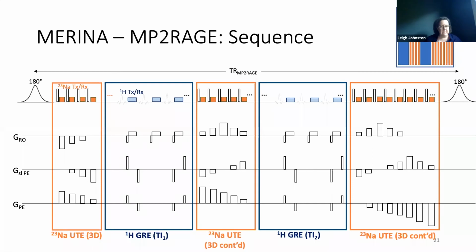There are very specific SAR limitations, specific absorption rate limitations, on how much energy you can deposit into the biological tissue. Certainly with this, we are pushing the envelope, because every time we flip the magnetization, we're applying an oscillating magnetic field, which is depositing power into the tissue. So we do have to be careful with that.